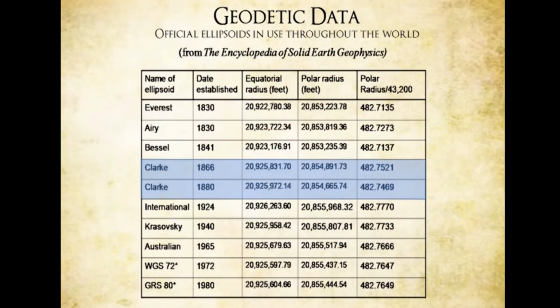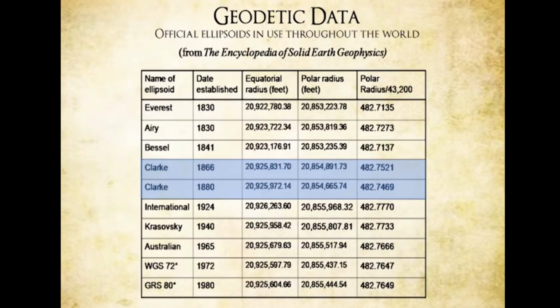And the newest one is the Geodetic Reference System 1980, which was adopted in 1980. NASA and the U.S. Department of Defense still use the World Geodetic System 1972, because it's so accurate that an inch or two in variability is not going to make much difference in the real world.